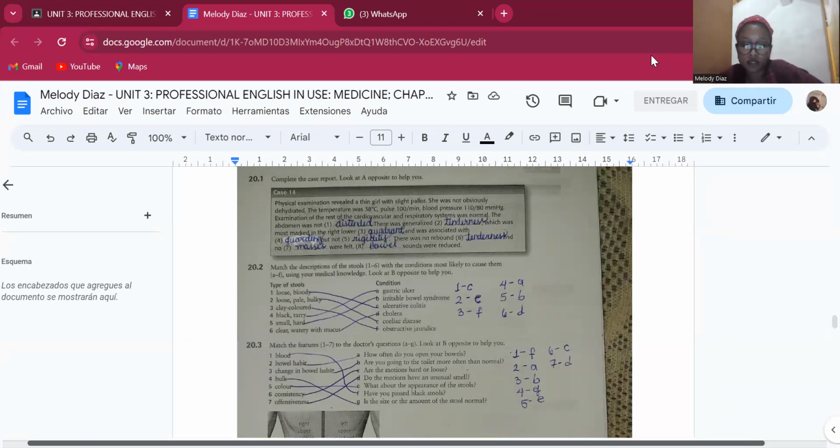Match the description of the stools 1 to 6 with the condition most likely to cause them, A to F, using your medical knowledge. Look at B opposite to help you. Type of stools. Number 1, loose, bloody, to letter C, ulcerative colitis.